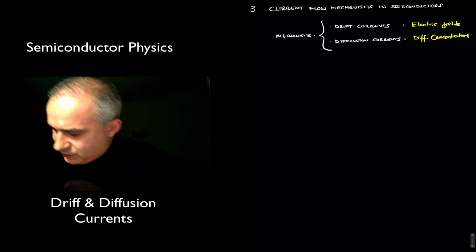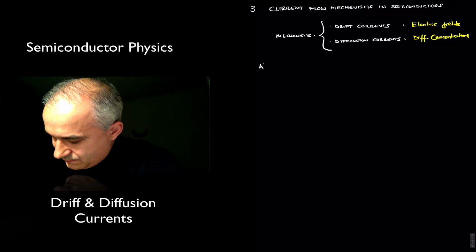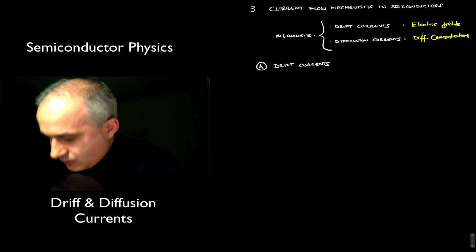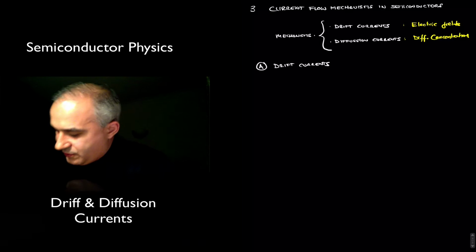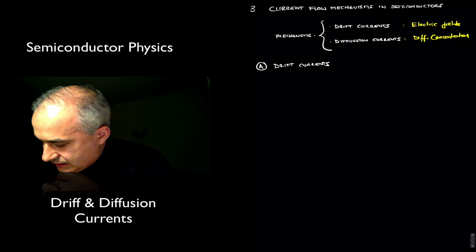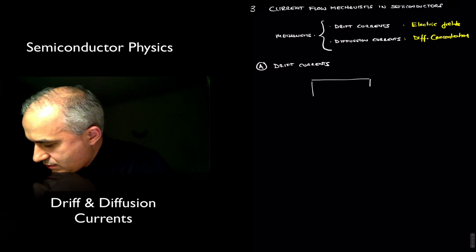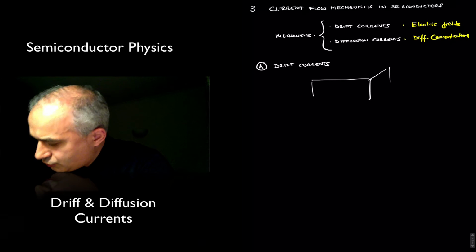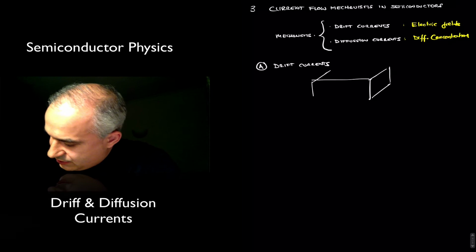And for that, let's start with the first one, drift currents. So if we do a draft of a material, let's say here, actually, since I'm going to need to use a cross-sectional area, I'm going to do it in 3D.